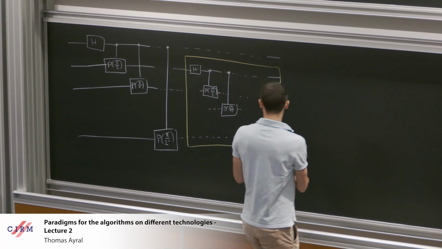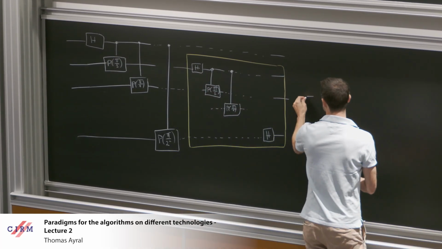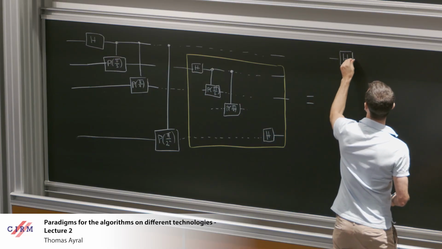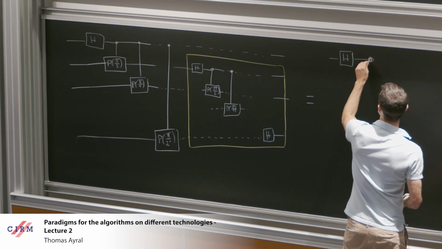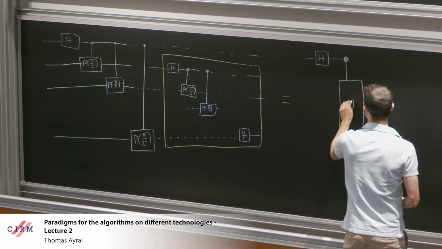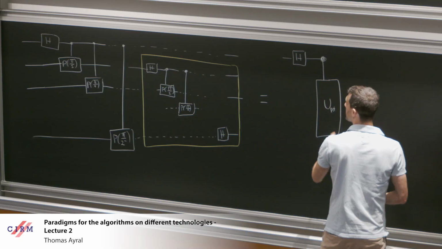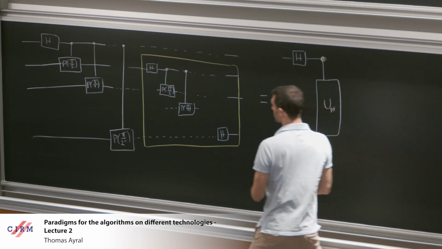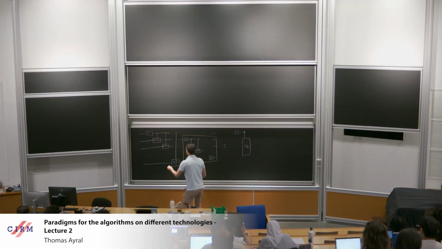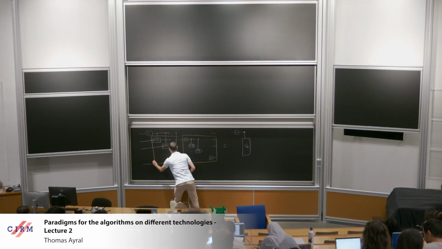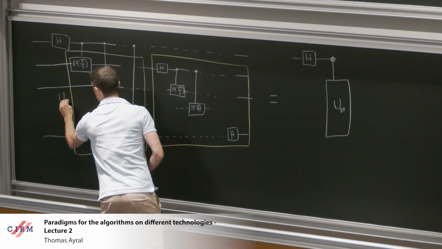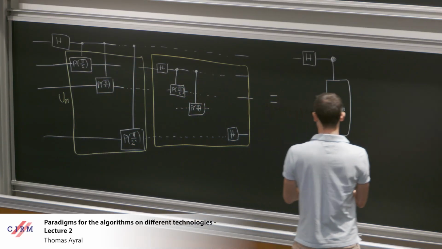So in other words, if I rewrite the same circuit in a slightly different way, like this, it's a control, then a big gate that I'm going to call U. It's a big phase gate that applies on many qubits, and it contains essentially the qubits that I'm going to circle. So all this here, I'm going to call UPH.